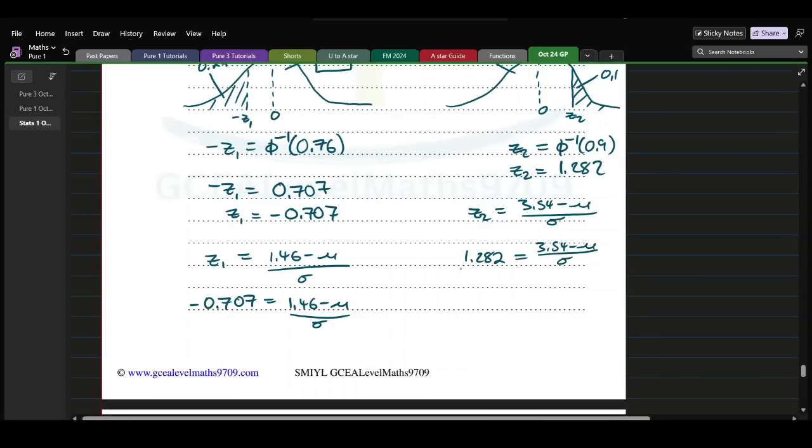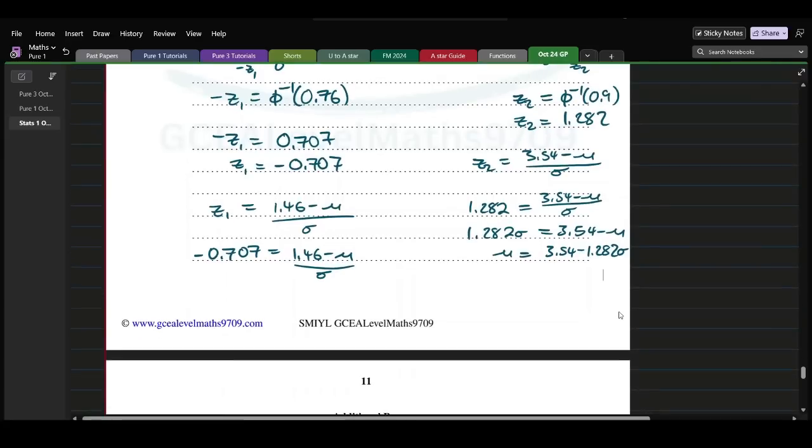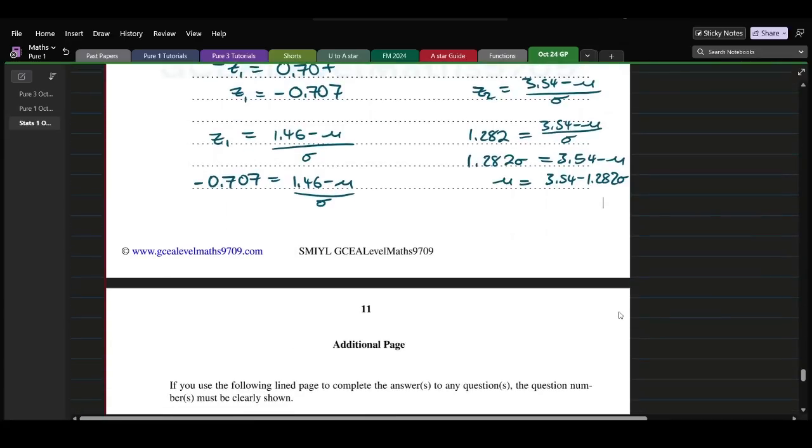Let's make this linear. So 1.282 sigma is equal to 3.54 minus mu, and I'm just going to make mu the subject of the formula in this one. So mu is equal to 3.54 minus 1.282 sigma. And going back to our other equation, I just want to make it linear as well.